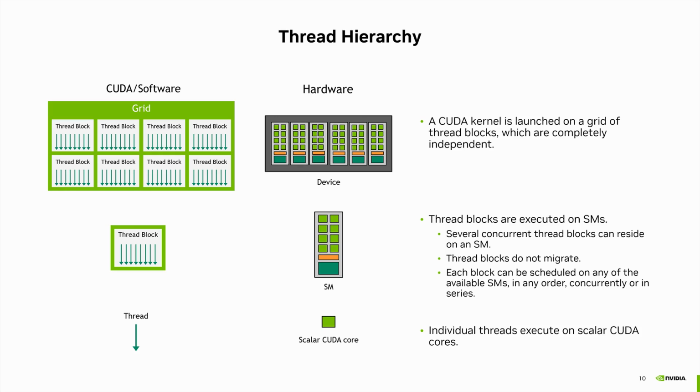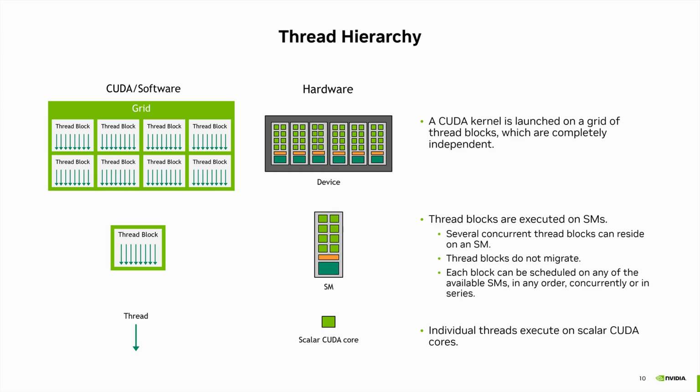Let's look at the thread hierarchy first. CUDA defines 3 levels in the thread hierarchy: the grid, the thread block, and the individual thread. A CUDA kernel is launched on a grid of thread blocks which are completely independent. Each of these thread blocks gets assigned to some SM and never migrates from that SM.